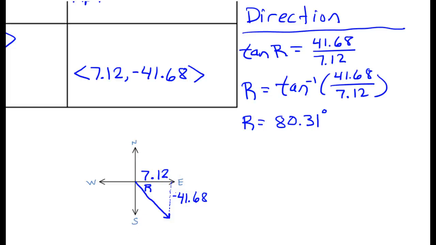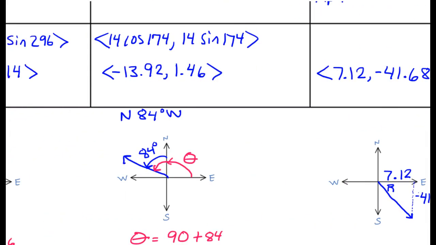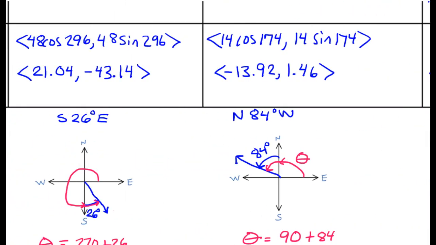But then there's the way that the direction was given in the original problem. Remember how the first vector direction was given as south 26 degrees east, and the second vector was north 84 degrees west. Well, in your final answer, you need to give the direction using the same format, the same type of direction that was used in the original problem. So we need to write a direction like these.